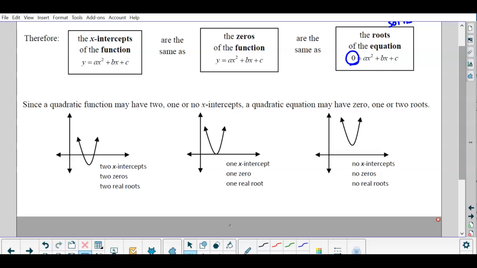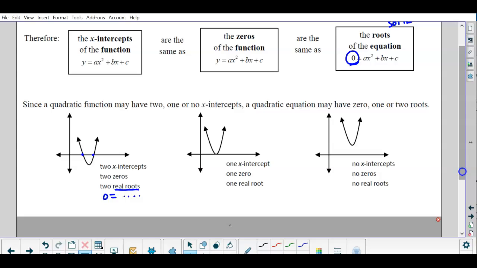But the corresponding function you can graph. Then if you look at where y is 0, in this case, there are 2 x-intercepts on that graph, which means there's 2 zeros for that function. And then if we solve the corresponding equation 0 equals, we get 2 real roots.